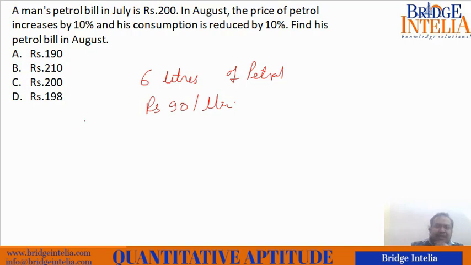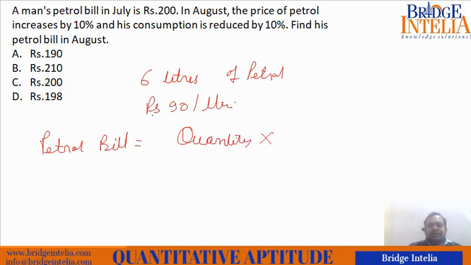So if somebody asks me what my total petrol bill is, it is the product of quantity consumed into price per unit. Here the unit is liter, because we buy petrol in liters, not in kg, not in meters. So petrol bill is the product of these two numbers, quantity and price per unit.